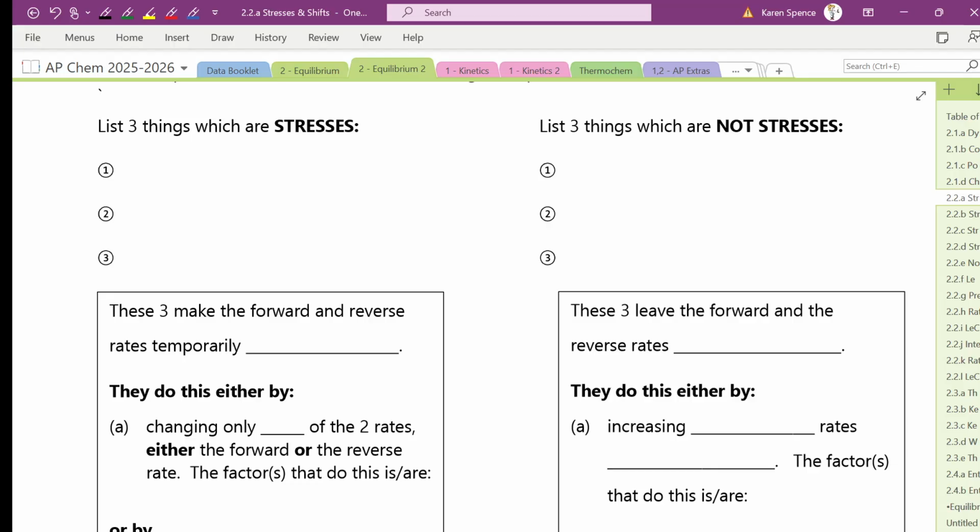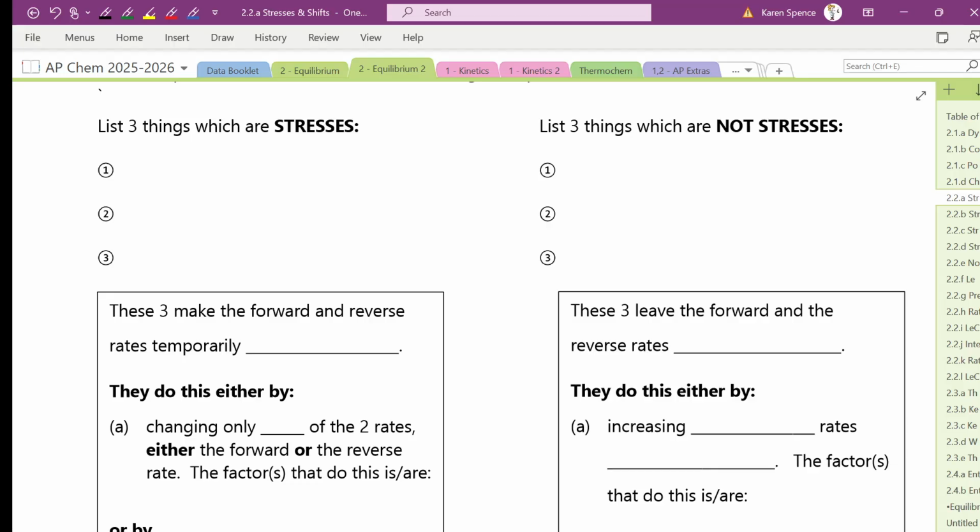Yes. This is the catalyst for the forward reaction, which also serves as a catalyst for the reverse. Yes. How does volume impact it? Only if you have gases on both sides of the reaction.